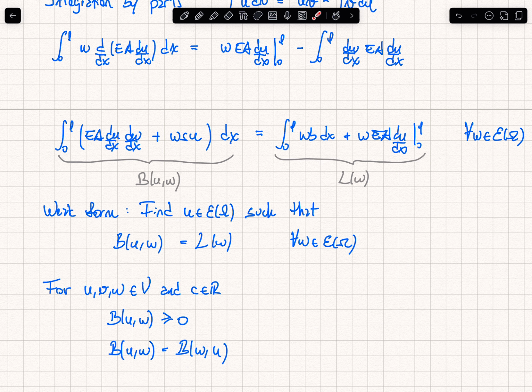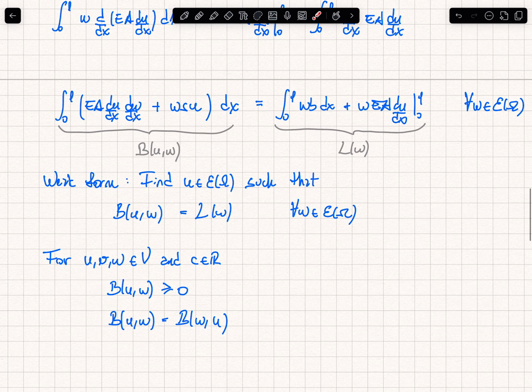So there is this nice property that is symmetric. And that does not happen for all problems, right? There are problems for which that symmetry is lost, okay? But for this particular case, remember, we're dealing with elliptic differential equations, and so for those problems, we have this nice property of symmetry.